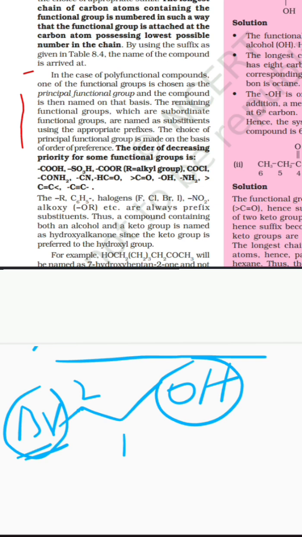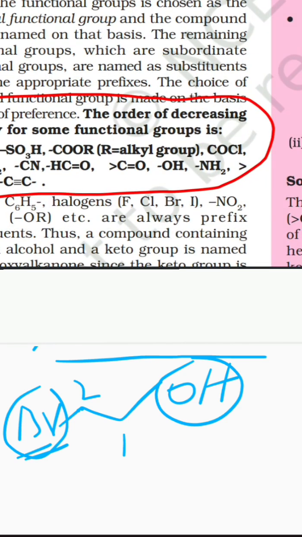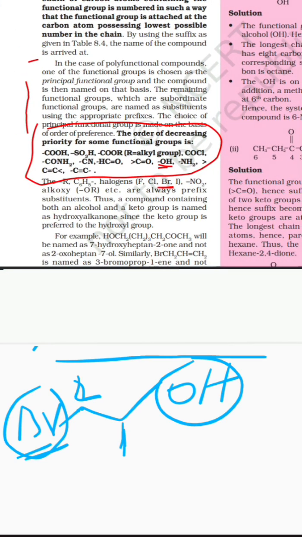In the priority list, OH comes first and bromo comes next. So the one that comes first in the priority list should get first preference, and second preference to the next member in that priority list. All that we will discuss in the next class. Okay, thank you.